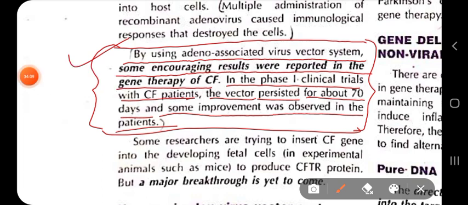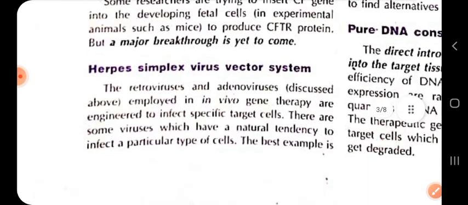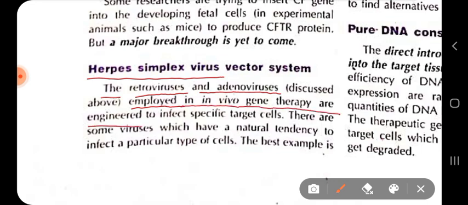Now let us see another virus which can be used for in vivo gene therapy, which is your herpes simplex virus vector system. The retrovirus and the adenovirus employed in vivo gene therapy are engineered to infect specific target cells.